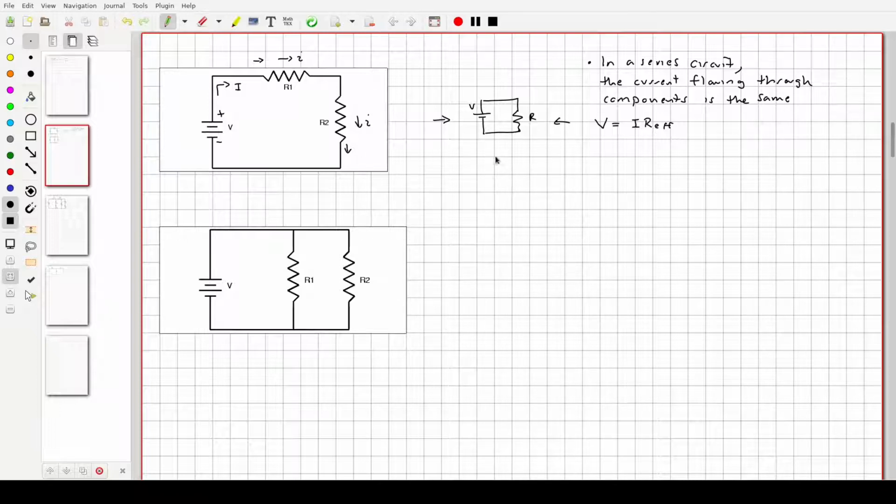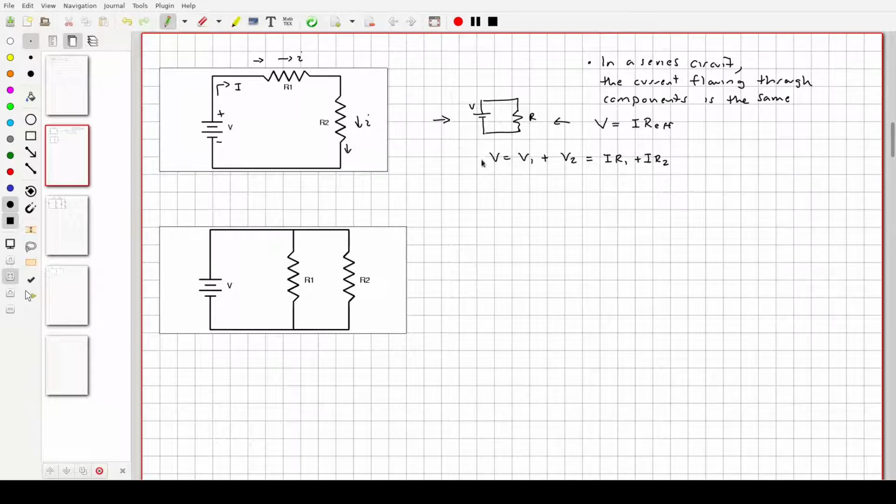So what that means is that V itself is what you get when you add up the voltage across the first resistor to the voltage that's across the second one. And if you look at Ohm's law here, that's the same thing as the current. It's the same current flowing through both of them, I times R1 plus I times R2.